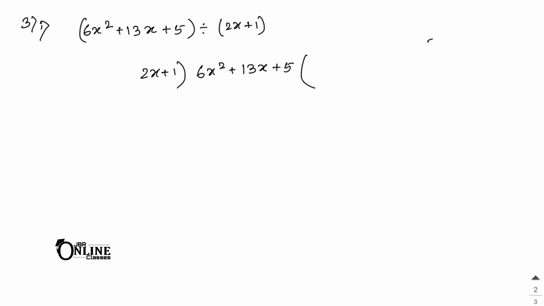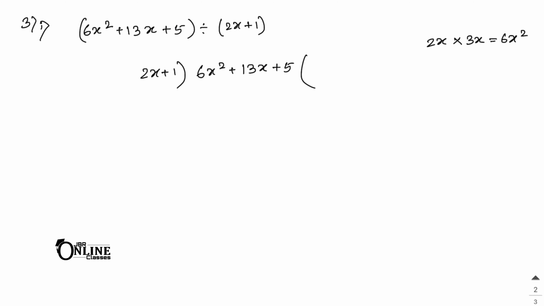So suppose you have 2x, that means you have to multiply with something to get 6x square, because 6x square is the first term. So if you multiply 2x with 3x, then it becomes 6x square. Remember about your sign. As here positive 6x square, so 2x into 3x becomes 6x square, and you have to equal only the first term. No need to show the second one, the third one.